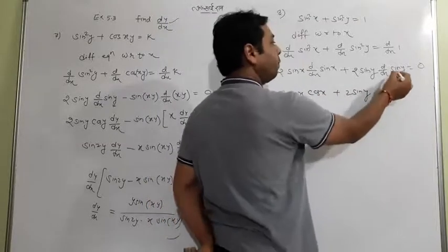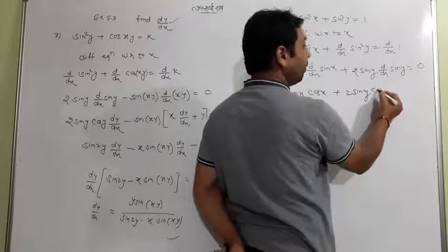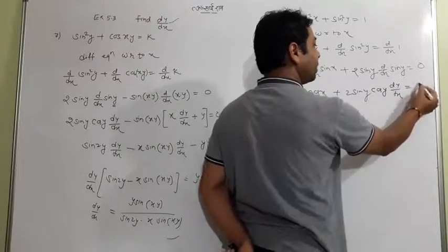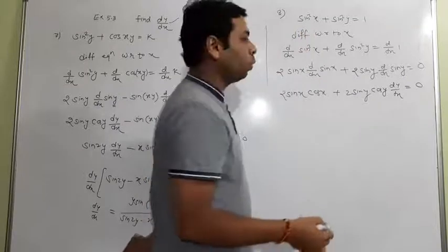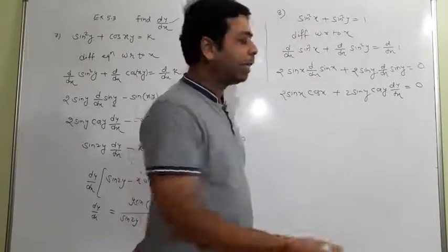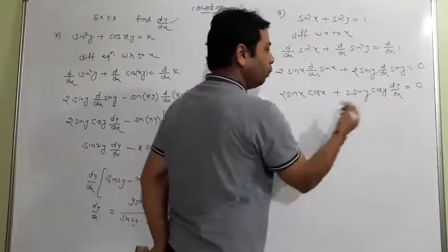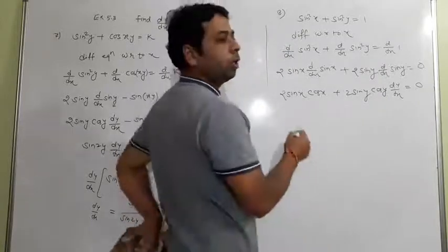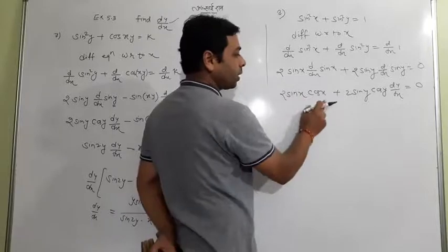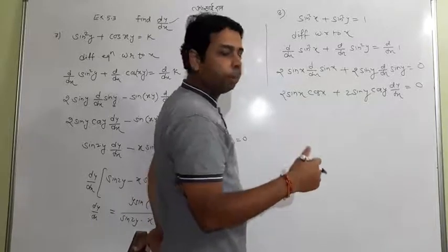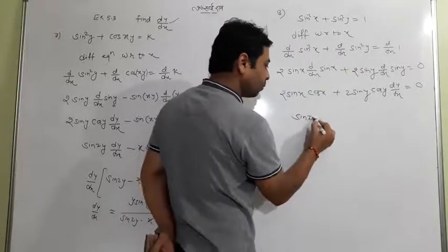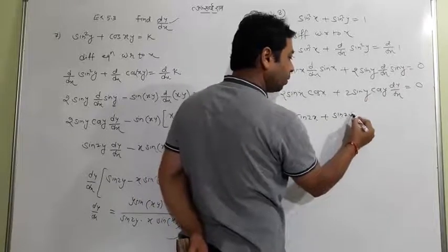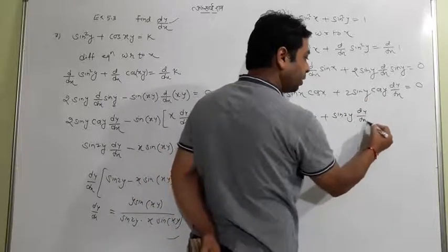What about here? We have sin and then y. Sin y has a differentiation cos y, and again of y is dy by dx, equal to 0. So it's a pleasure that only dy by dx is single. We can keep one more step here. Look at 2 sin x cos x. I just told you the formula. It is sin 2x. 2 sin y cos y is sin 2y, dy by dx is equal to 0.